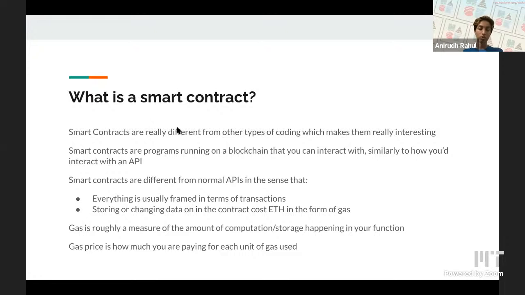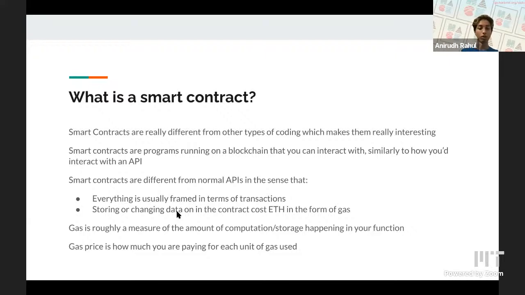Another important thing about smart contracts is gas. Gas is a way to make sure one user can't completely take down the entire Ethereum blockchain, right? You want to make sure no one smart contract is taking up a huge amount of computation power, and the way you limit that is by measuring the computation power. So every function, whether it's adding two numbers or storing an integer, costs some amount of gas on the Ethereum blockchain.